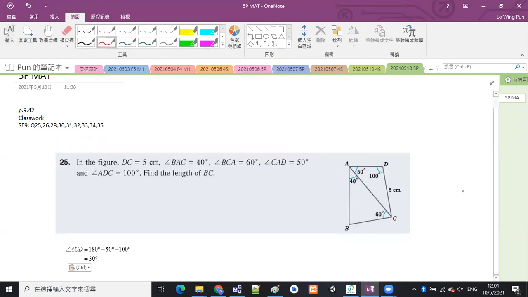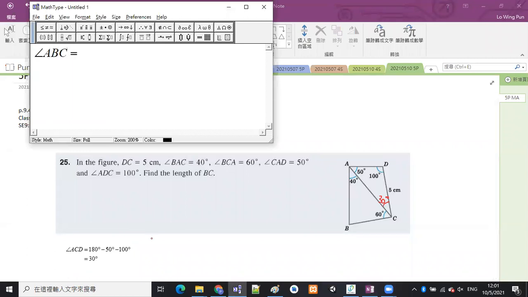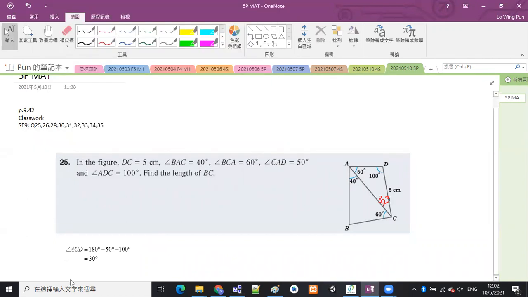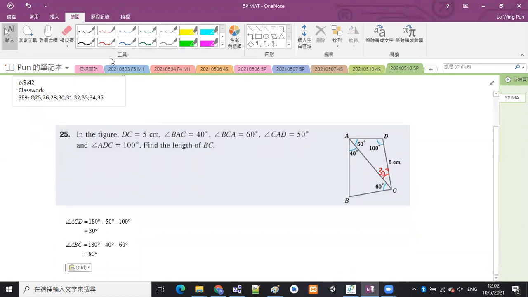Then for the other triangle, triangle ABC, angle ABC is 180 degrees minus 40 degrees minus 60 degrees, and it should be equal to 80 degrees. So this angle is equal to 80 degrees.